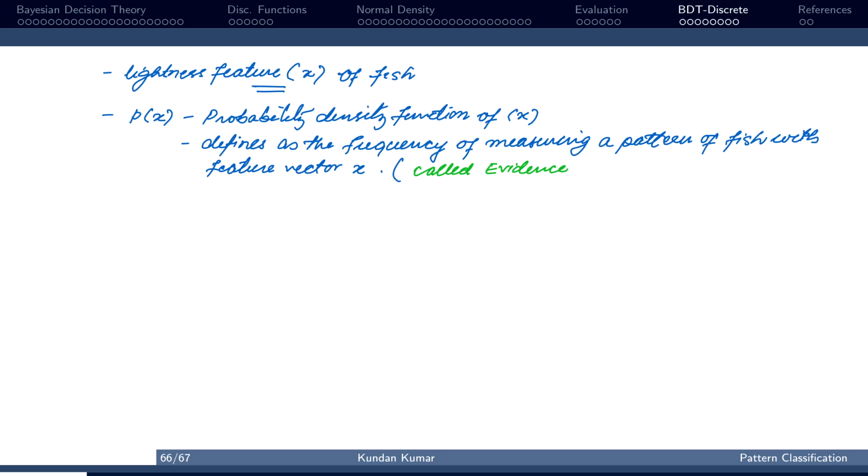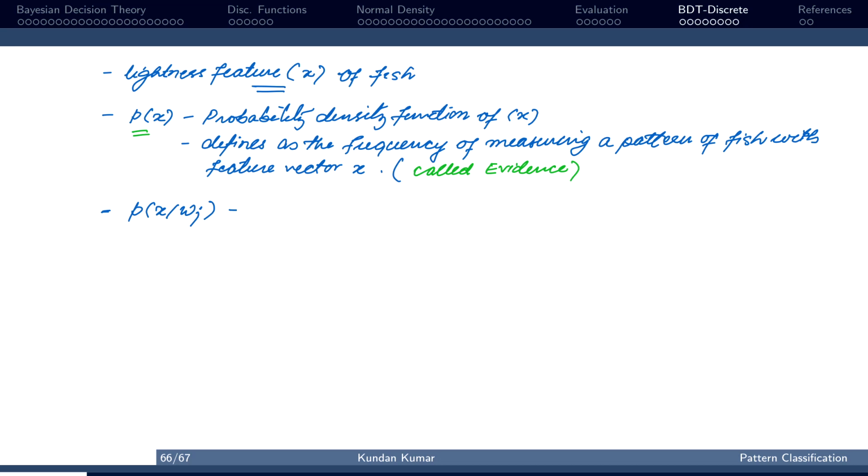So here we are considering the lightness feature of all the fish, whether it is salmon or sea bass, and it is denoted by small p of x. We can also define the class conditional probability, which is denoted as small p of x given omega j.